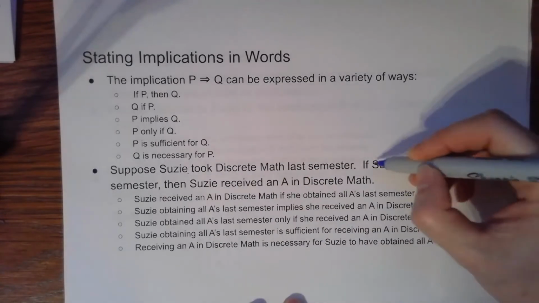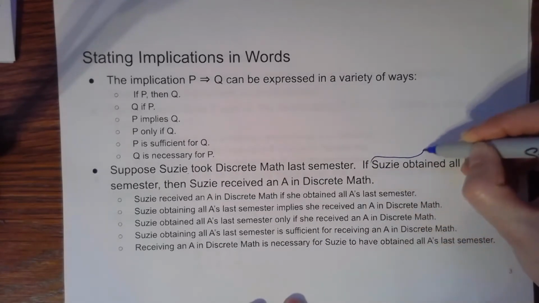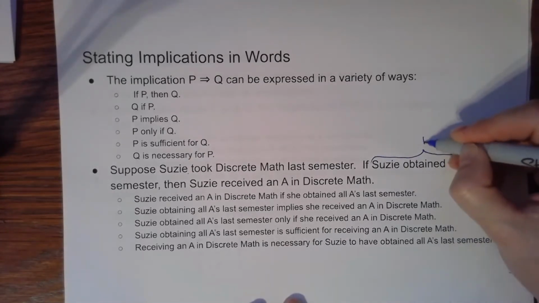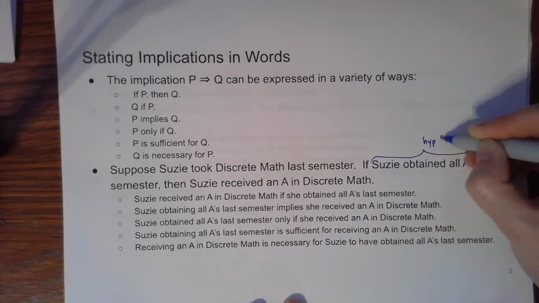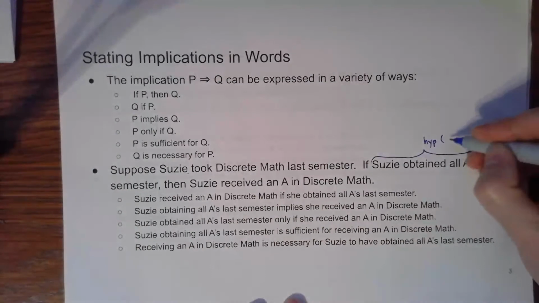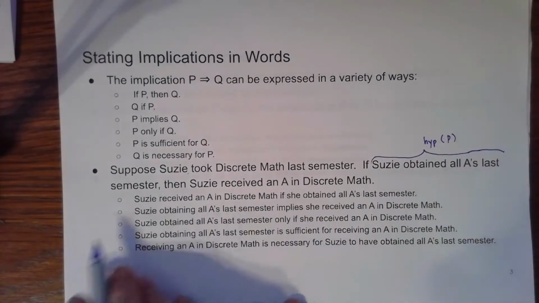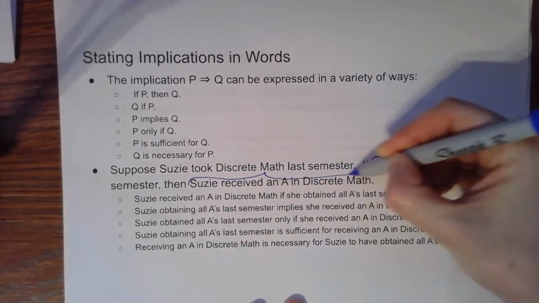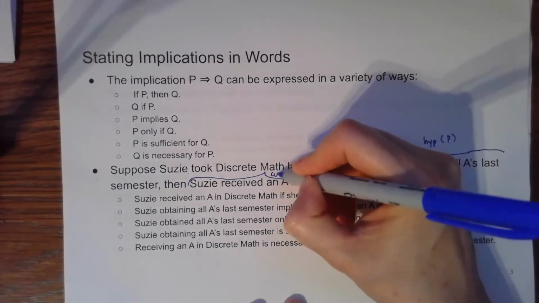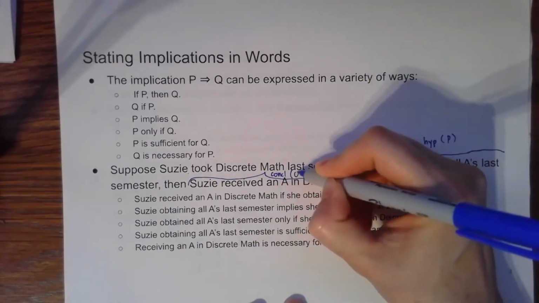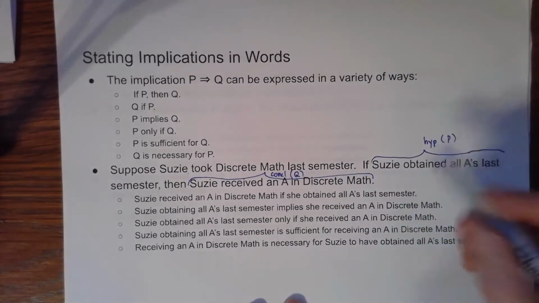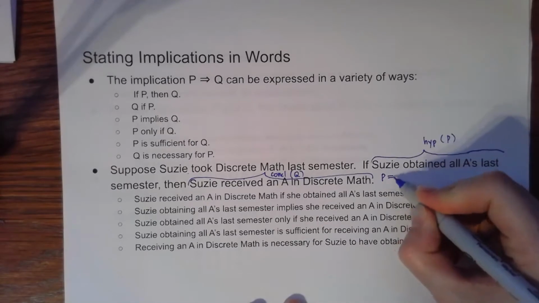Here, if Susie obtained all A's last semester, that is our hypothesis, like our P. And then Susie received an A in discrete math. This is our conclusion. It's like our Q. So this is definitely P implies Q.